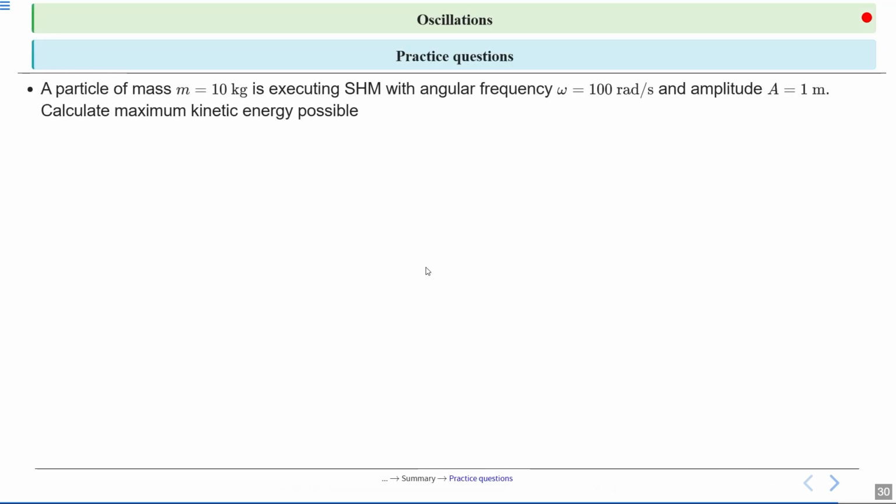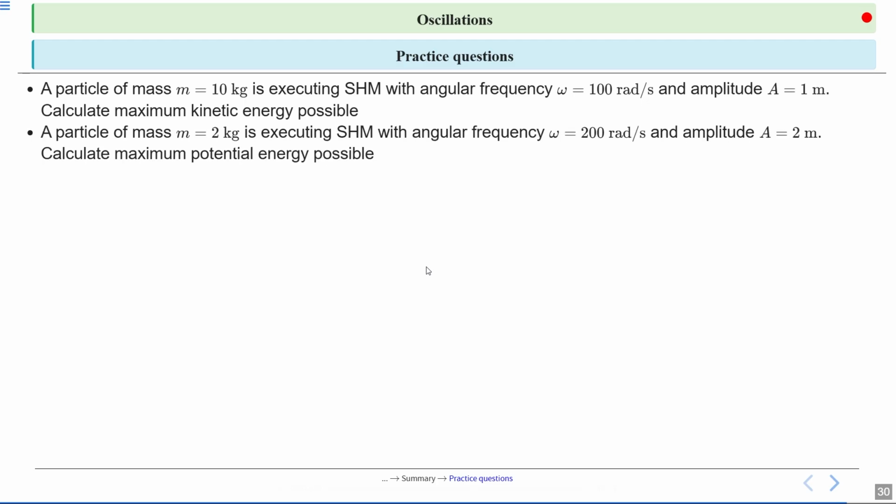Now practice questions. First, a particle of mass m equal to 10 kg is executing simple harmonic motion with angular frequency omega equal to 100 radian per second and amplitude A equal to 1 meter. Calculate maximum kinetic energy possible. So in this question, you have to find out the maximum kinetic energy.